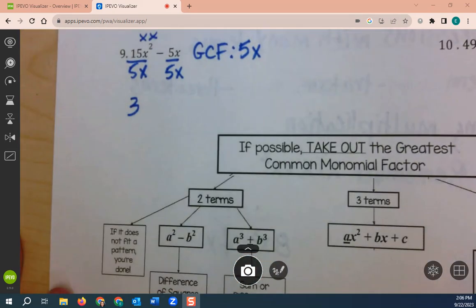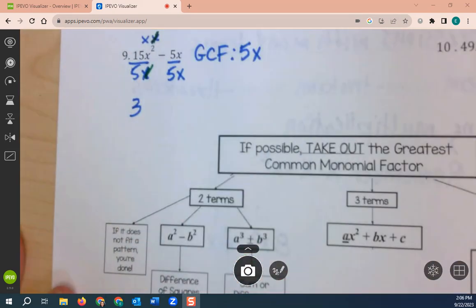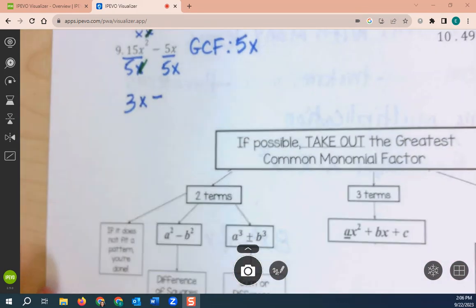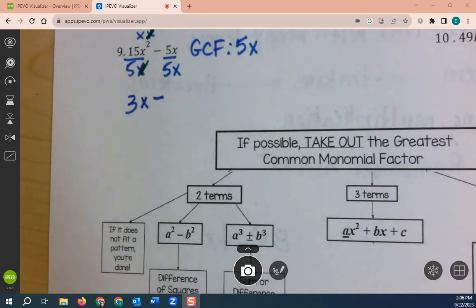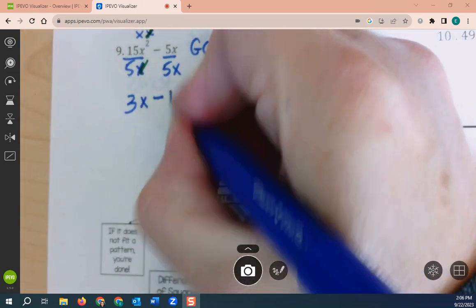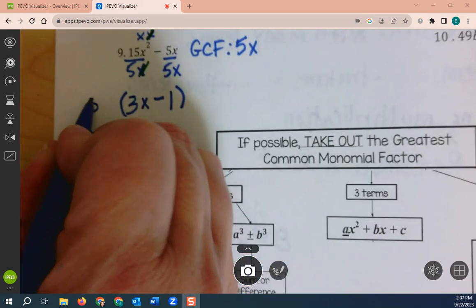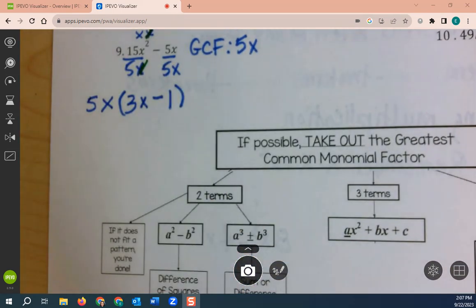And so one of those x's will cancel out with this. And we have one left. Minus, what is something divided by itself? 1. It's 1, good. And then the thing we factored out goes out here. So that if we wanted to multiply it back, we would end up with 15x squared minus 5x.